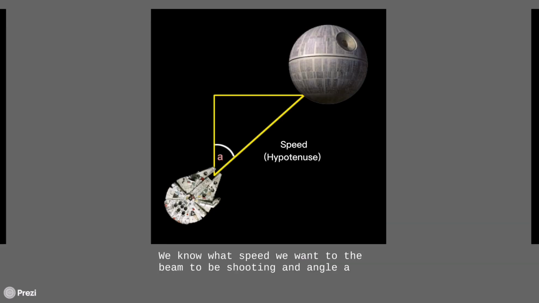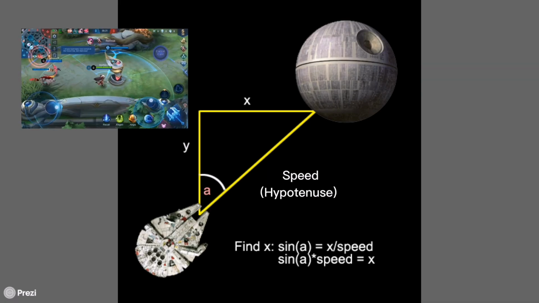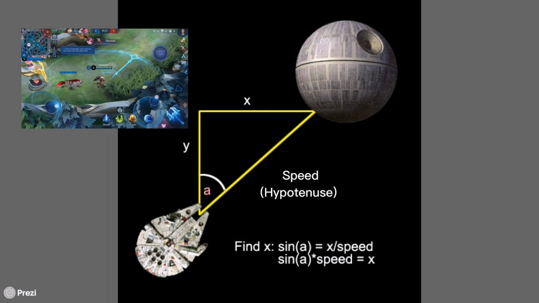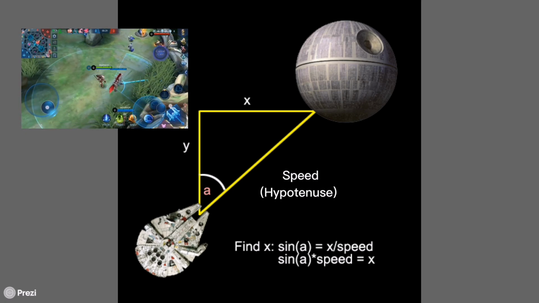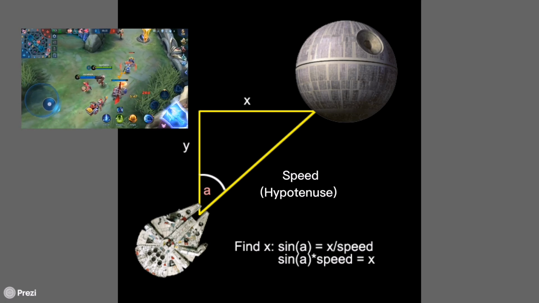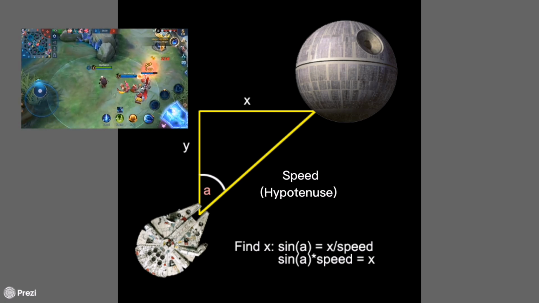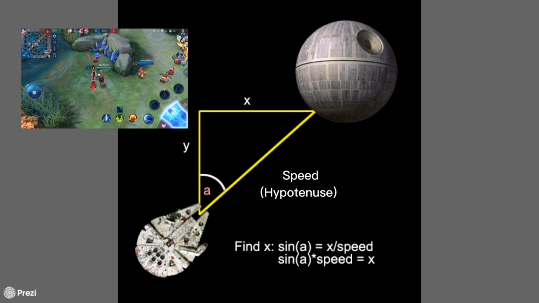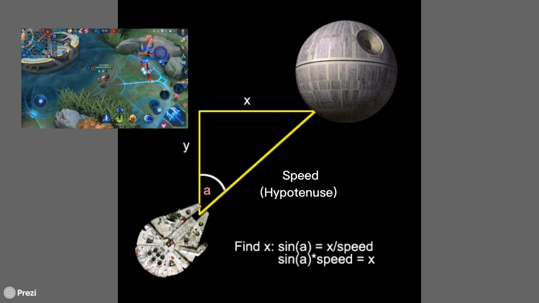Okay, so in here we know what speed we want the beam to be shooting and angle A. As illustrated, we can find the value of x and y by means of the speed, or the hypotenuse, and the angle A. The trigonometric ratios have a role in here, wherein we can use sine A by its trigonometric ratio, opposite over hypotenuse.